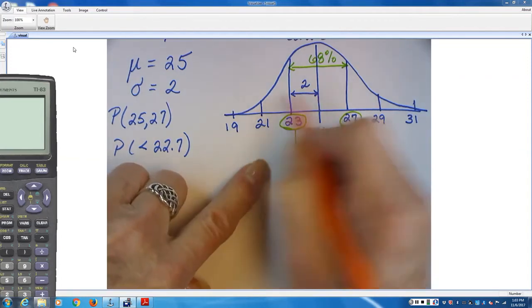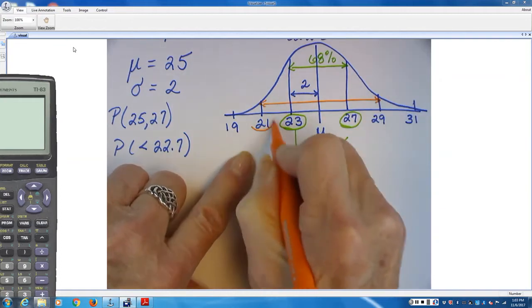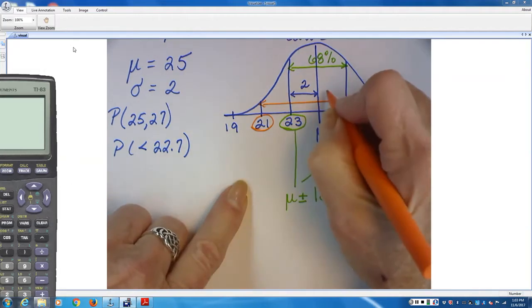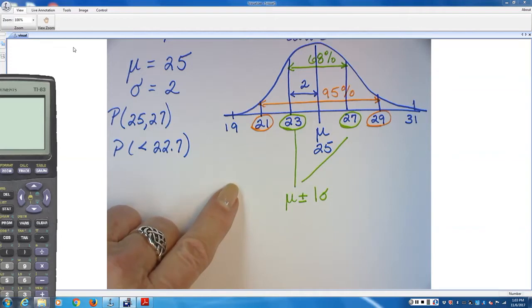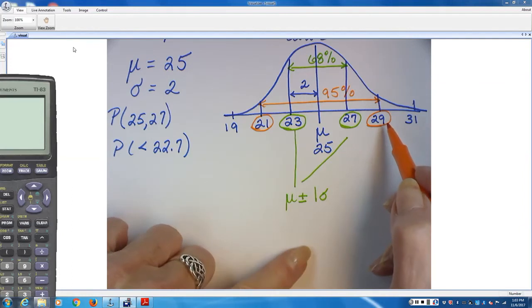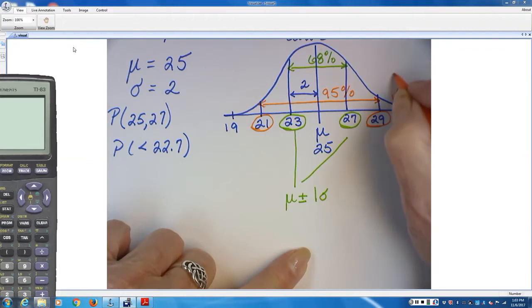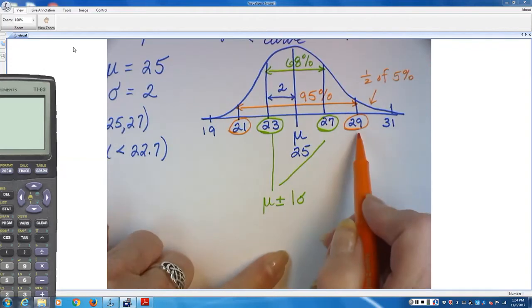And if I go 2 standard deviations, between 21 and 29 minutes, I'll have 95% of all the delivery times. So a delivery time that took longer than 29 minutes is only going to happen about 2.5% of the time, because this 95% says that half of the remaining 5% is the area that's above 29 minutes.